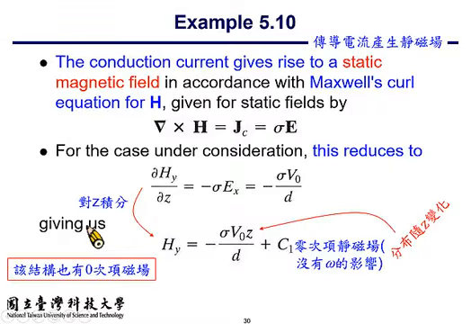So again, to derive the expression for Hy, we do the integration over z. So we end up with this, Hy equals blah, blah, blah, like this. And of course, there is a constant C1. However, as we already know, it can be solved using the boundary condition.